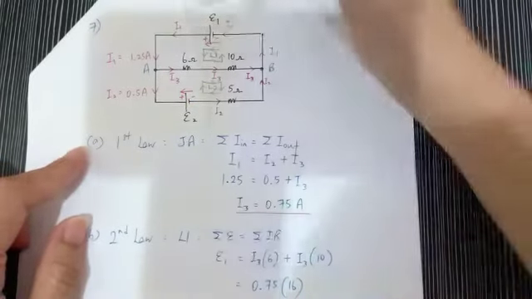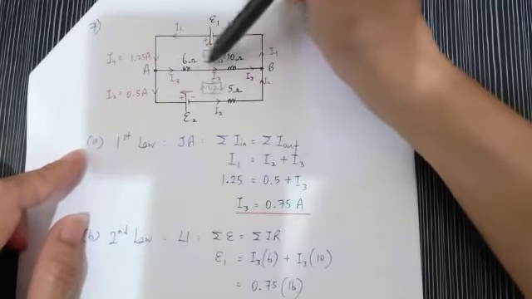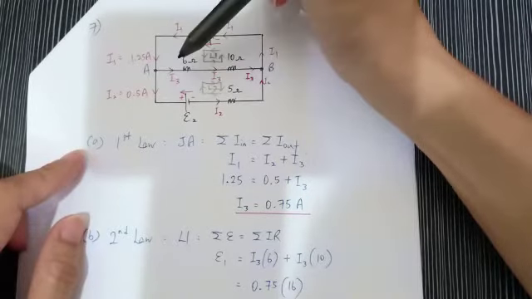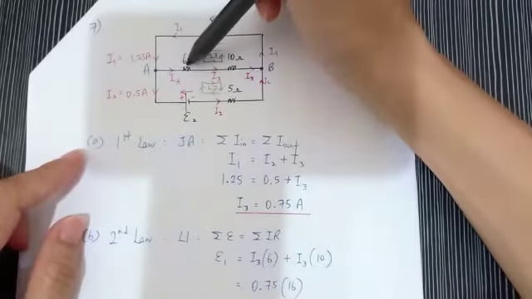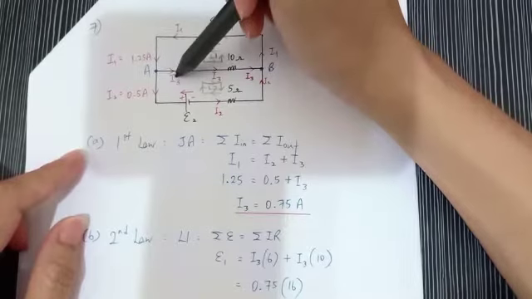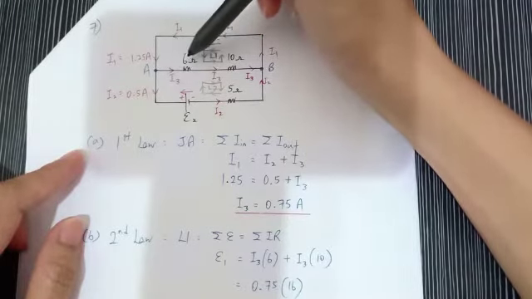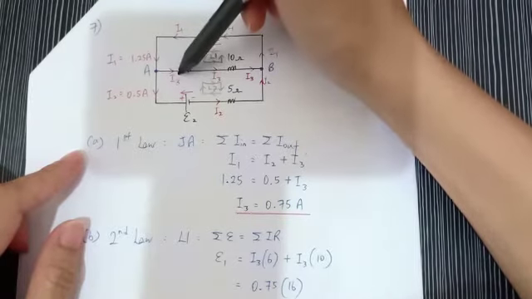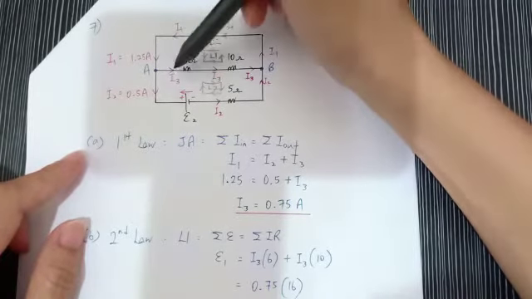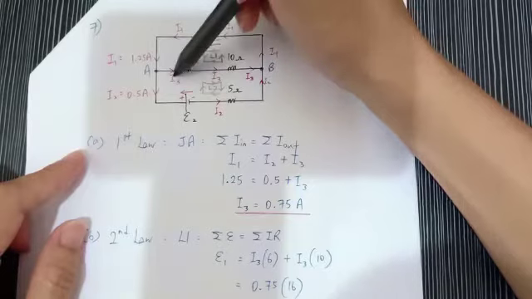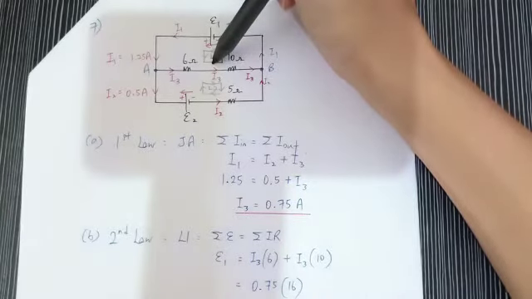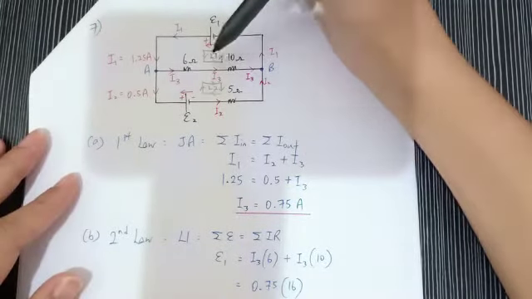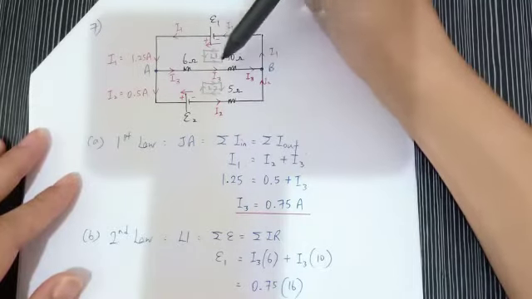Okay, positive E1. And then we have two resistors. This is IR, so the current passing through 6 ohm is I3, yeah. So I3 is in the same direction as the loop, and also I3 passes through 10 ohm.